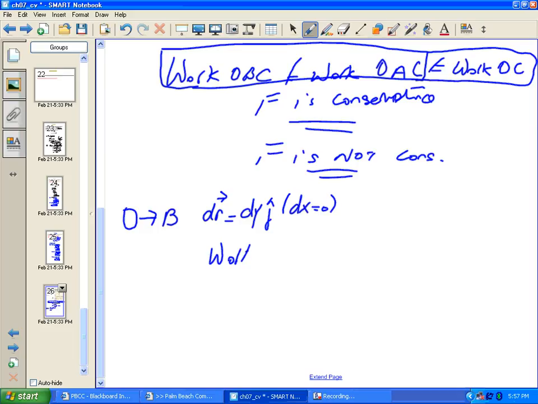The work is equal to 2y i hat plus, now the value of y over this remains 0, while x goes from 0 to 5. Sorry, here from O to B, it is x which is equal to 0, and y goes from 0 to 5.